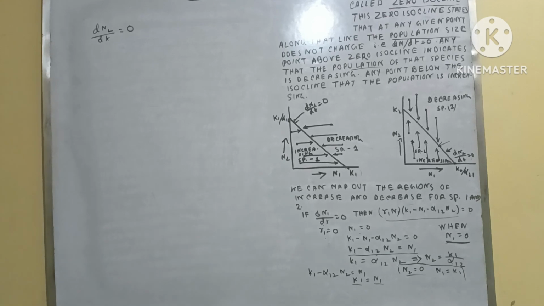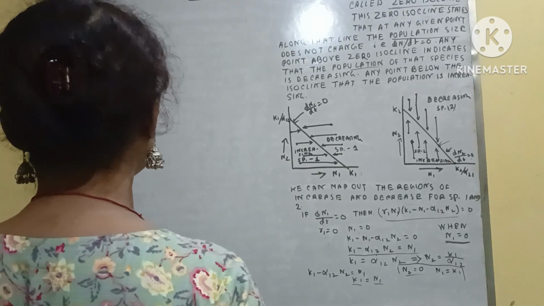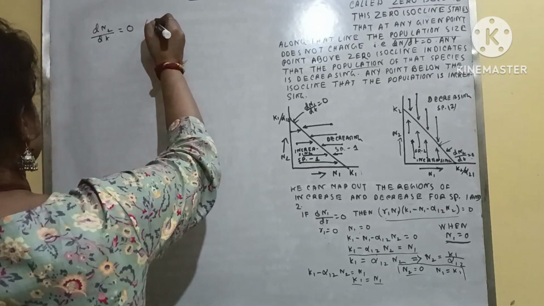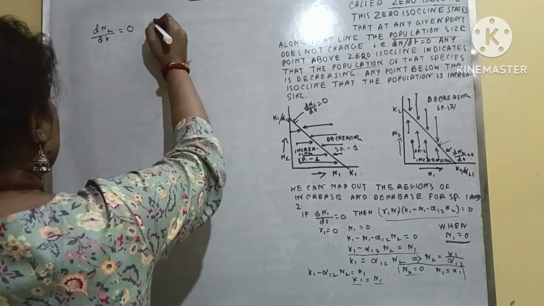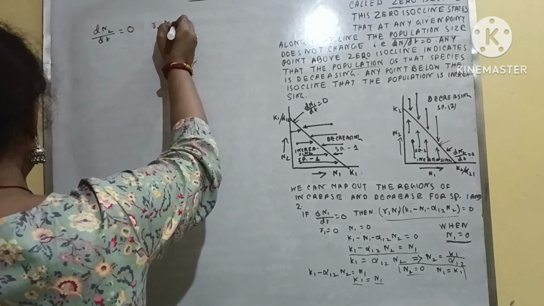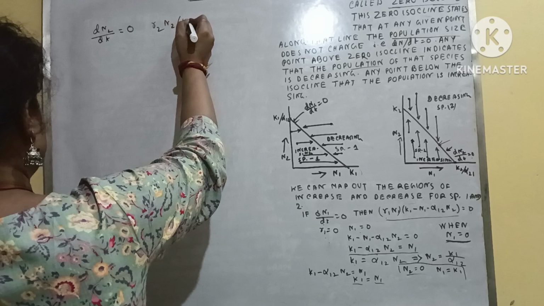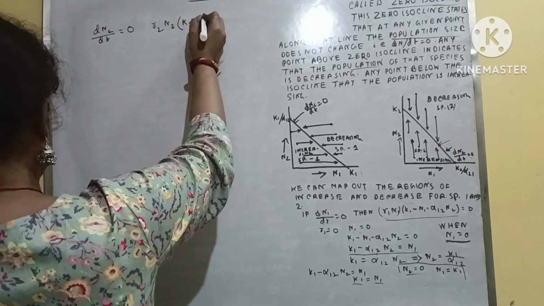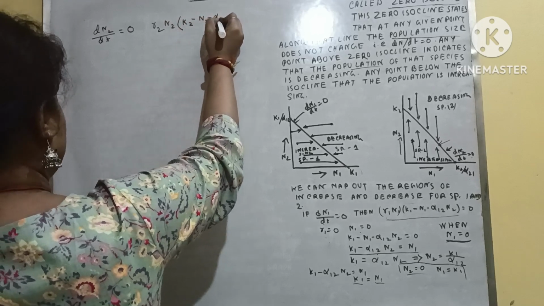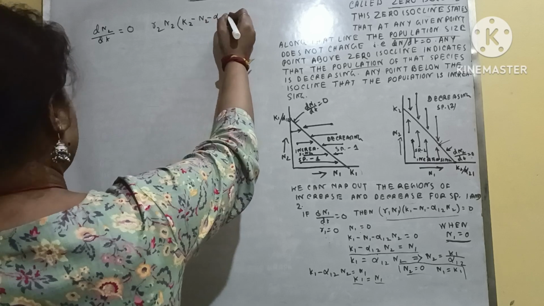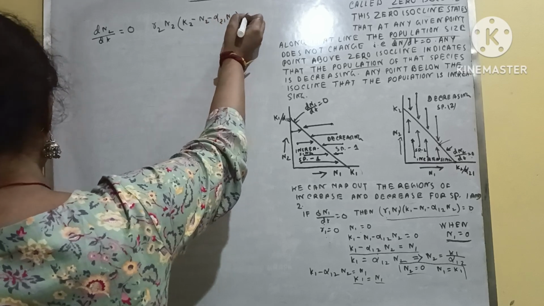Okay. Now if dN2 by dt is equal to 0, that means R2 N2 (K2 minus N2 minus alpha 2 1 N1) is equal to 0.